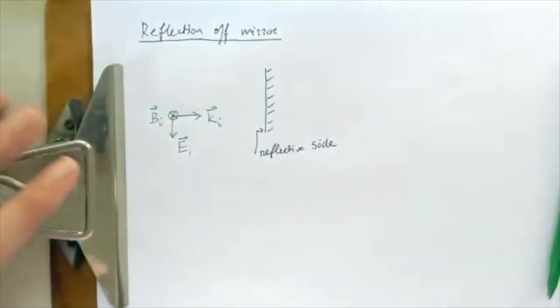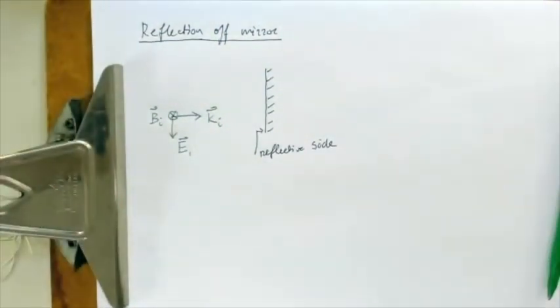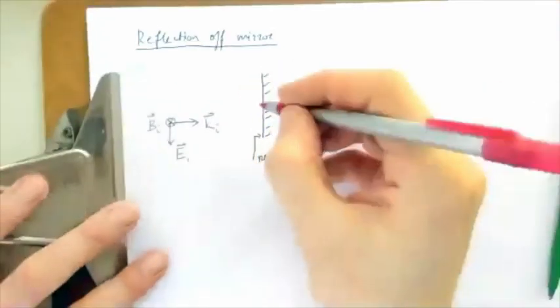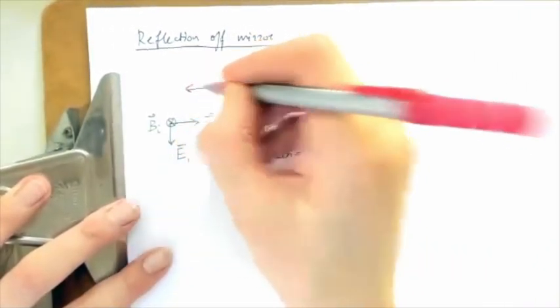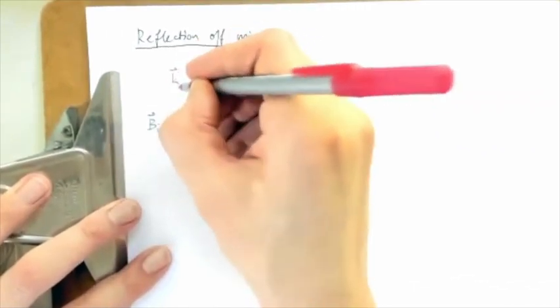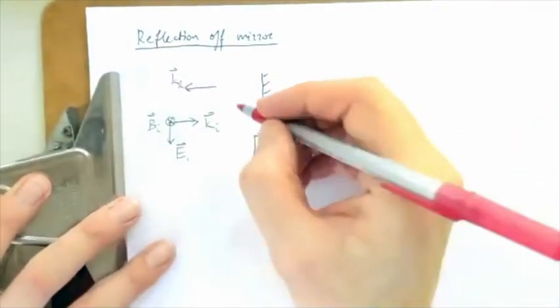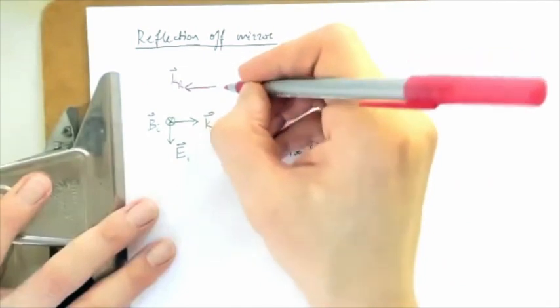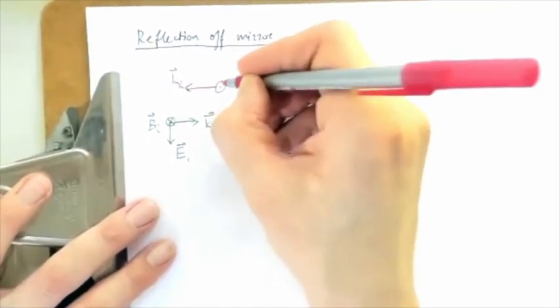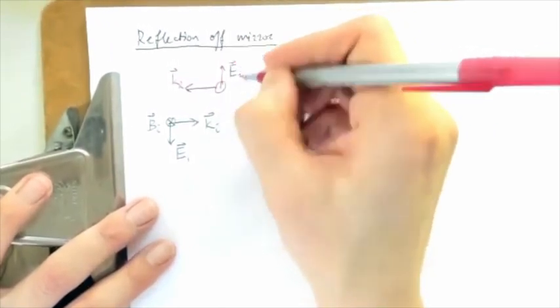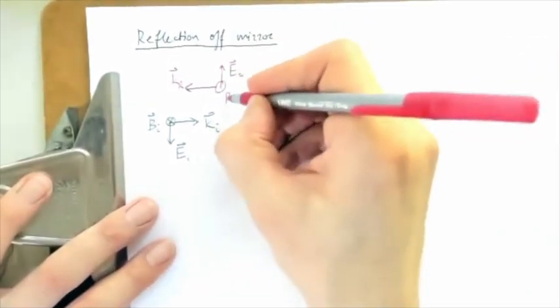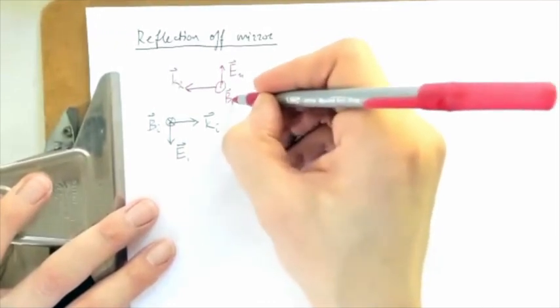And then we're going to get a reflected wave, and the reflected wave is going to be pointing in the opposite direction, and it's going to do this. So that's K reflected, so that's sub R, and then E is pointing in the opposite direction. And then B is, let me just use capital R like a person.